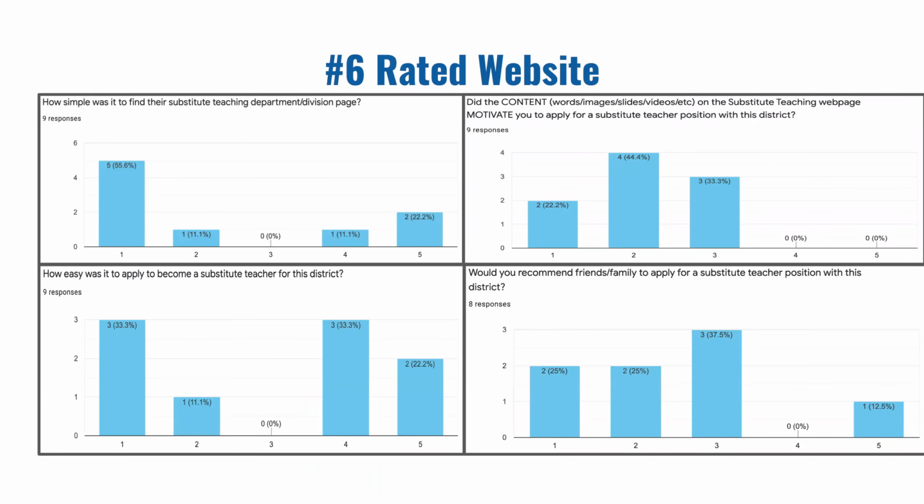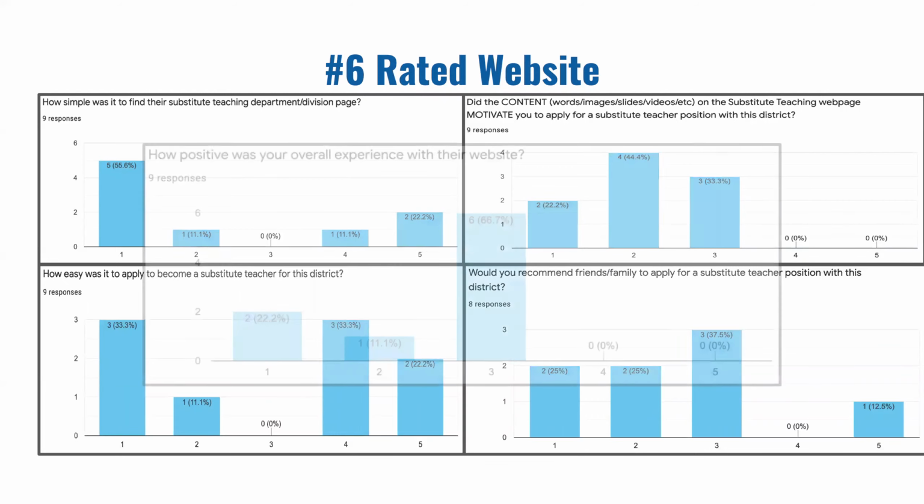The worst rated website, which again, I'm not going to share with you who it was, but you can see the responses. Number one is not easy. Number five was really easy. So this school district that ranked last, you see they were always less than 3, and they had a really difficult time, people did on average, trying to get the information that we asked them to look for.